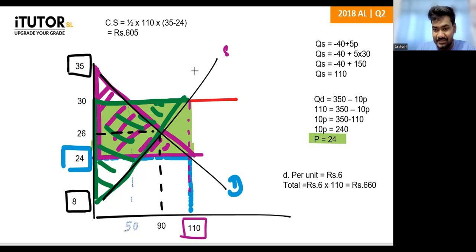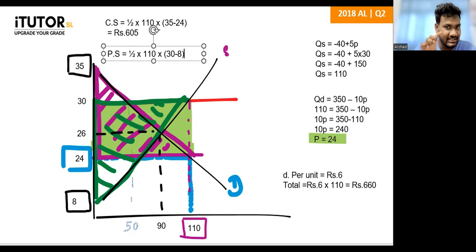How do we find producer surplus now? Producer surplus equals half into base is 110, height is how much? 30 minus 8. That is the height, 30 minus 8. So how much do we get as producer surplus then? Producer surplus is how much? 1 to 10. That's our producer surplus.